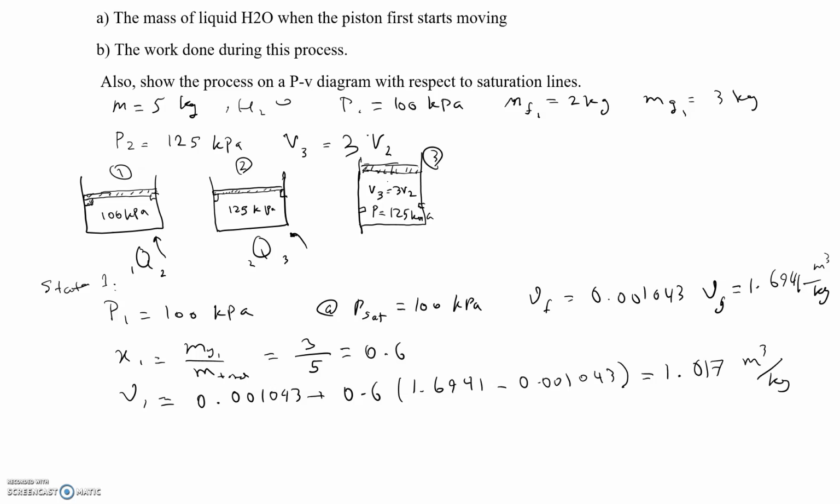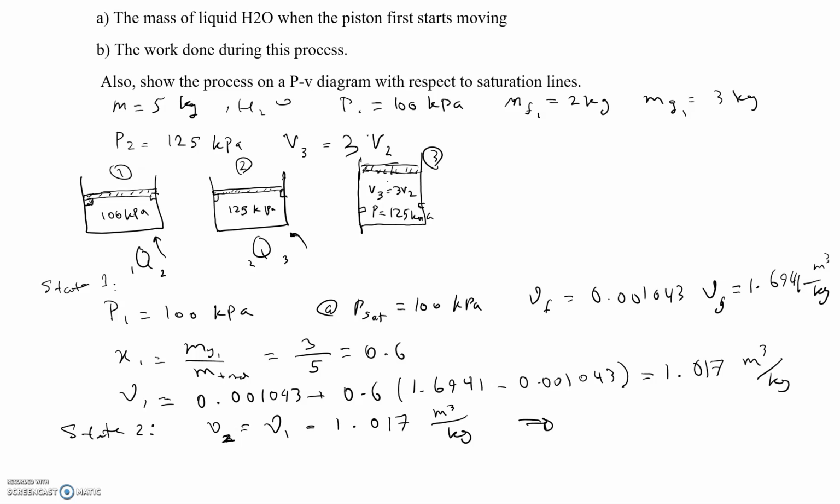What is the specific volume at state 2? Well, it's the same, right? Because your volume has not changed, the mass has not changed. So specific volume 2 is equal to specific volume 1, and that is the same number, 1.017 cubic meter per kilogram.